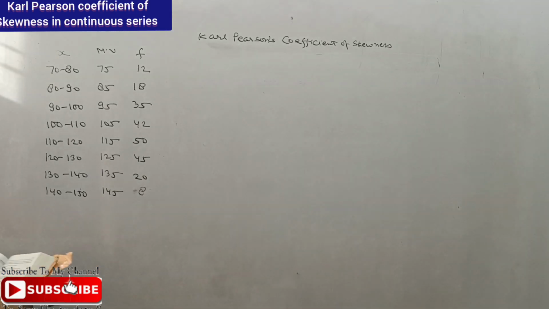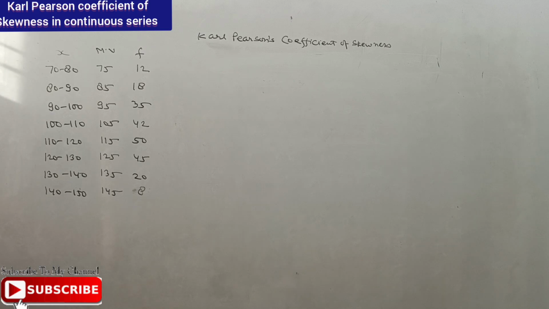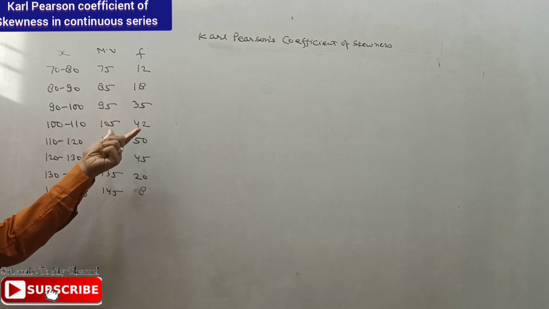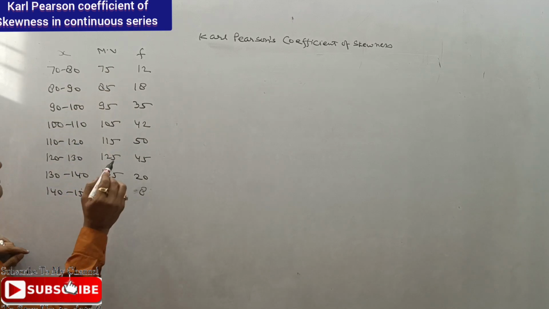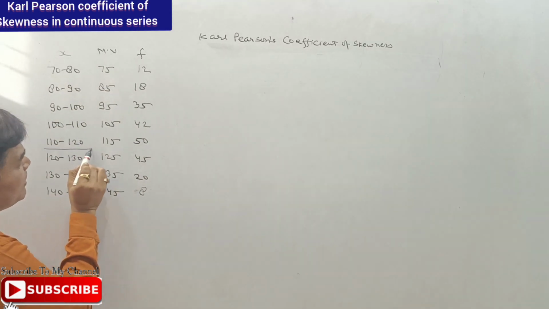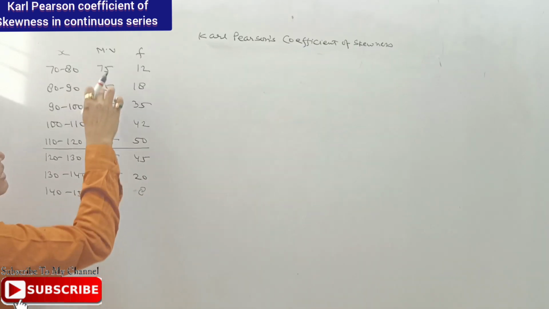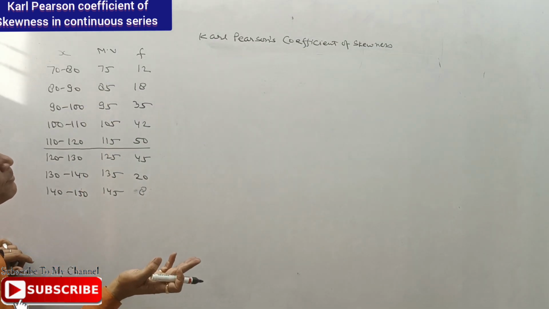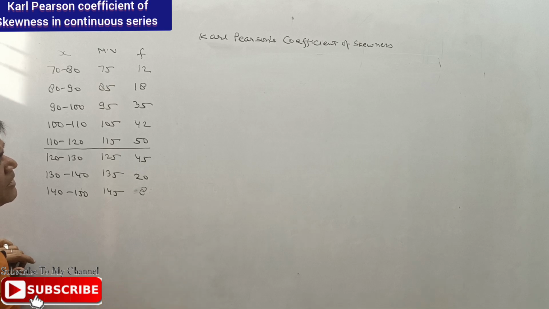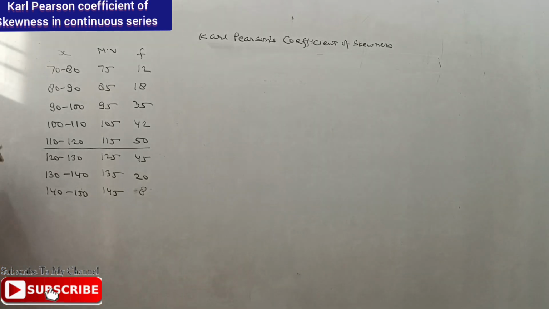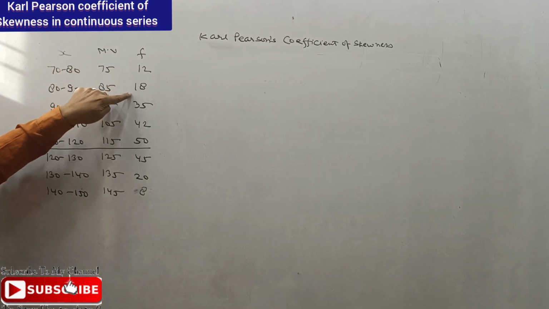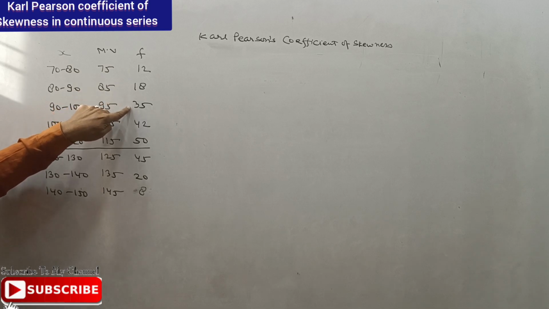So we have to calculate the Karl Pearson coefficient of skewness here. The class intervals are given, 70 to 80, 80 to 90, and so on, with the frequencies. Observing the frequencies, we will find the modal value. The mid value we calculate is just to help in calculating the arithmetic mean or standard deviation; later we will discuss that.